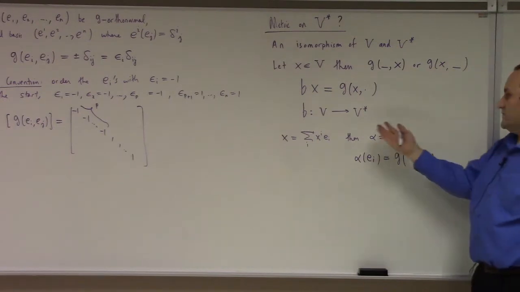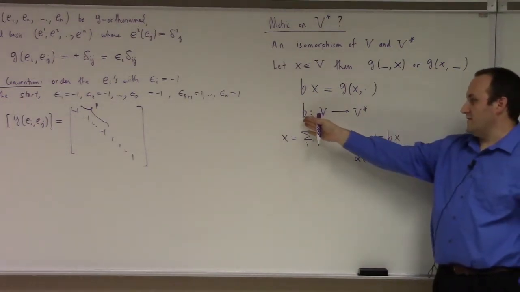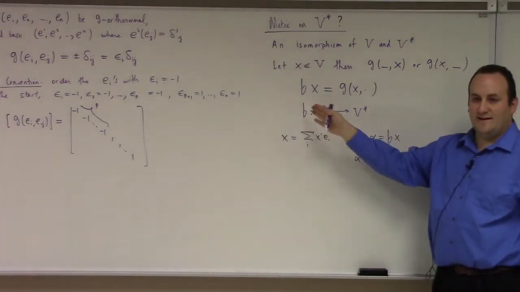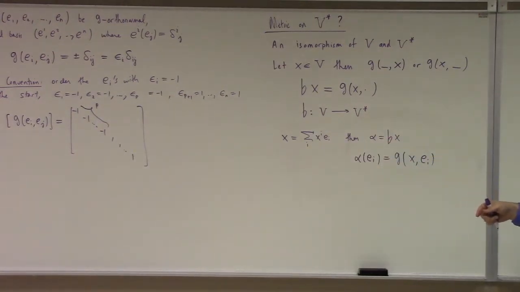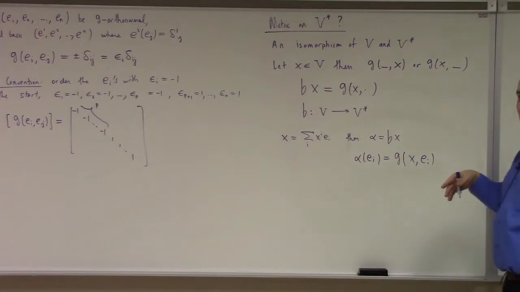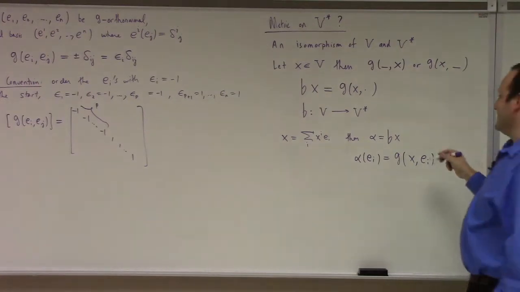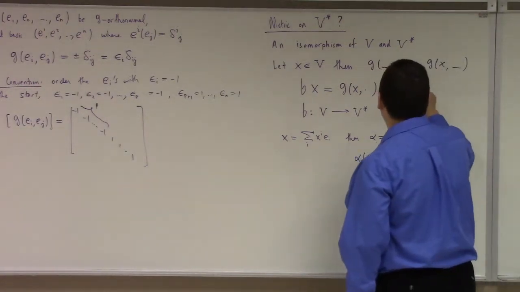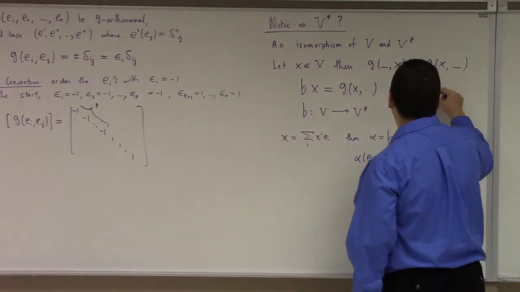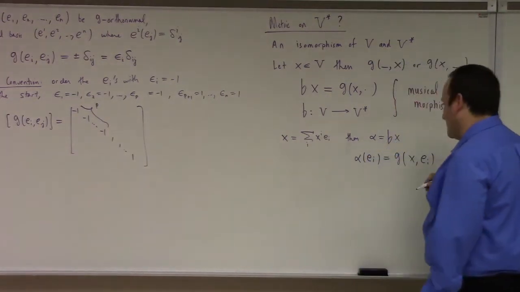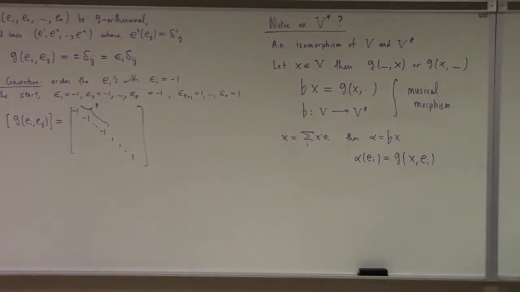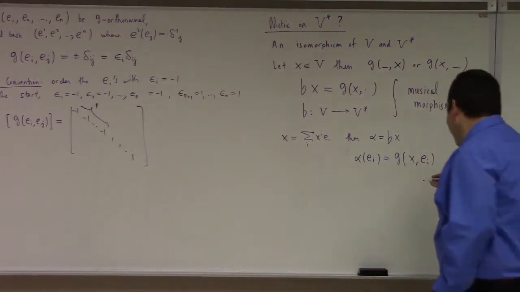This isomorphism has a special name: it's flat, like the flat in music. It's one of the musical morphisms. Is it really what it's called? Indeed, it's a musical morphism. There is a sharp; we'll get there.